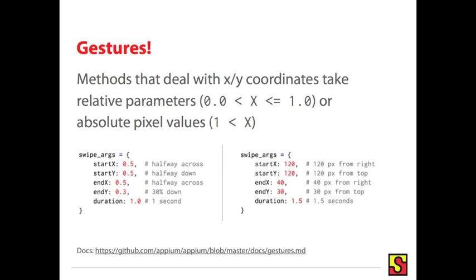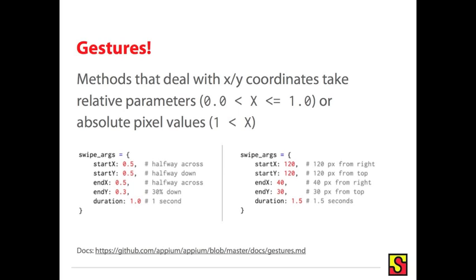The example on the left is the same as what we just saw before, where we're using values like 0.5 and 0.3 and so on. So in this case, an X and Y value of 0.5 means 50% of the way across and 50% of the way down, or in the exact center of the screen.